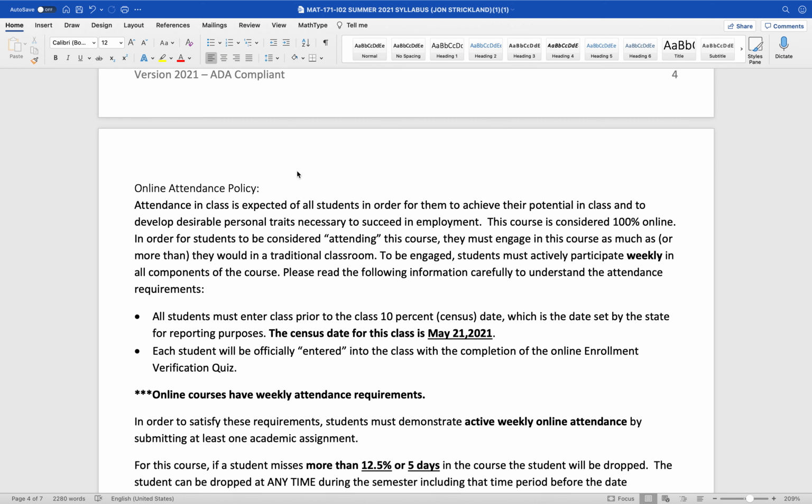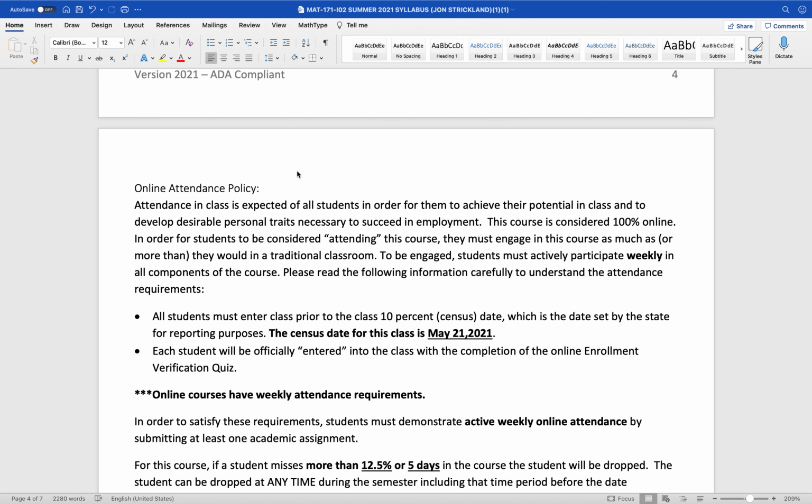This course is considered 100% online. In order for students to be considered attending this course, they must engage in this course as much as or more than they would in a traditional classroom. To be engaged, students must actively participate on a weekly basis in all components of the course.